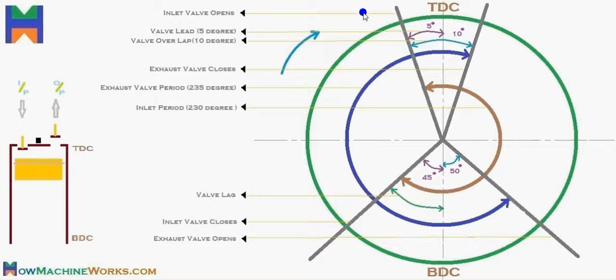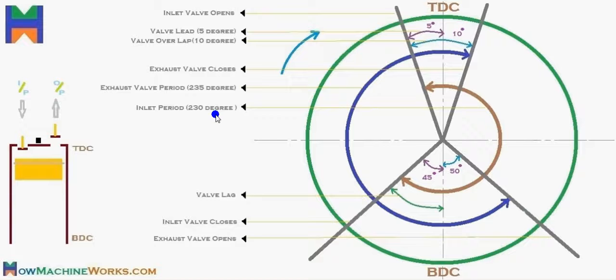Let's follow the ash line and see that the inlet valve opens over here, which is 5 degrees before top dead center, and it remains open and closes at this point, at this ash line. You can see the inlet valve closes almost 45 degrees after bottom dead center. So this 5 plus this 180 plus this 45 gives us 230 degrees of crankshaft rotation, and that's the inlet period.